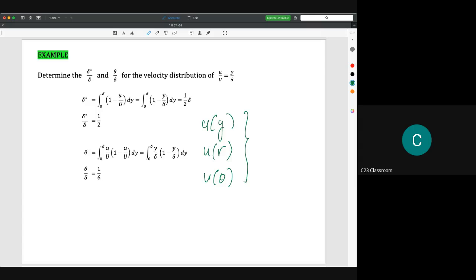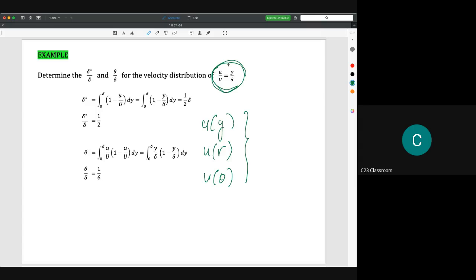But in the boundary layer chapter, we usually use the idea of U over U. Why? Because in our main equations, the equations for delta star and theta are written in terms of u over U. So it is good for us to show our velocity distribution as u over U equals so and so.